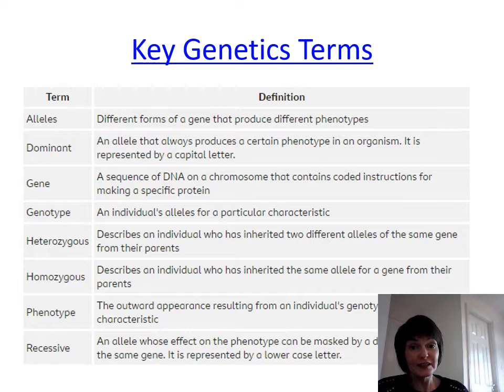So what we've got here is a list of the key genetic terms within a table, and what I would say to you from the outset is try your very best to get to grips with these terms as quickly as you can, because if you have these terms banked and you know what they mean, then they're certainly going to make the genetics problems that will be set for you in the near future just that wee bit easier.